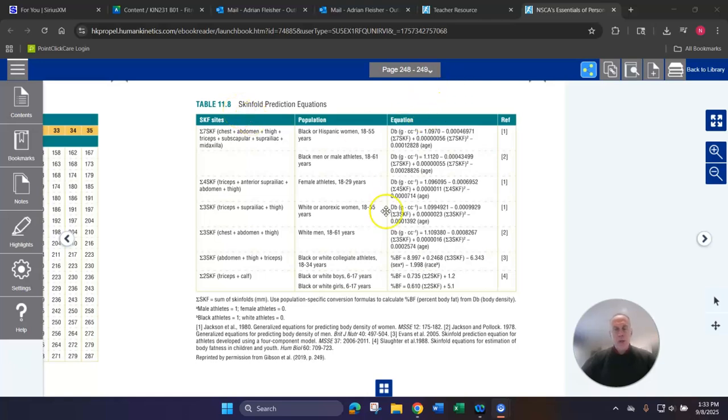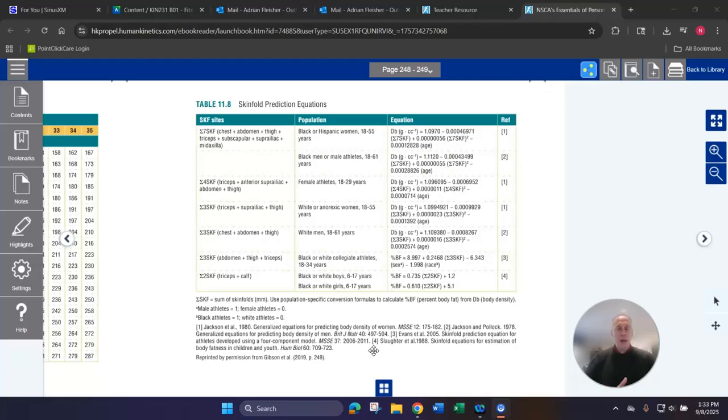11.8 is on page 249, and there were different studies that were done, and these studies can be found down here, 1, 2, 3, and number 4, whether it's Jackson, Pollock, Evans, or Slaughter. It's a way to further subcategorize the populations in terms of body composition.